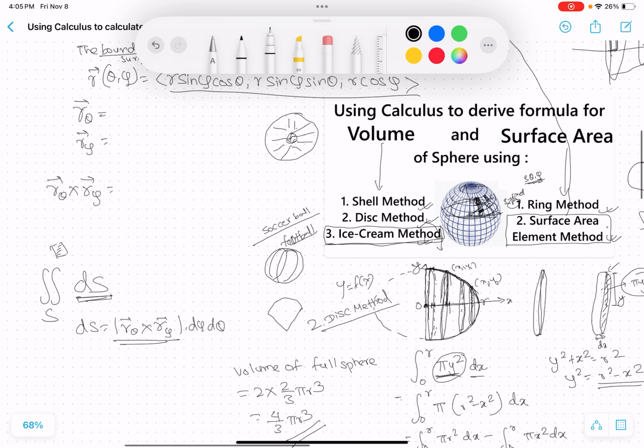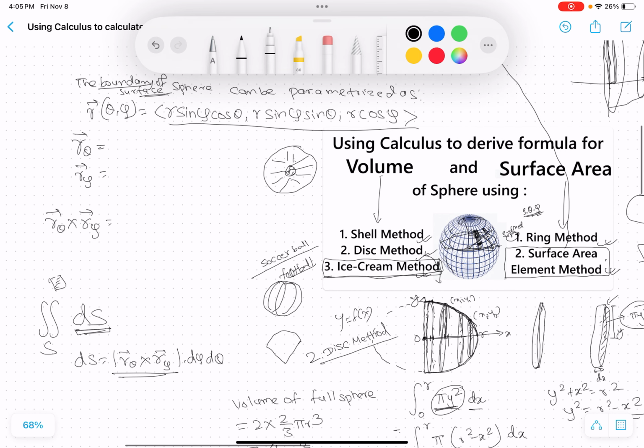Okay, now this is just minus r sine phi sine theta, and this is just r sine phi cos theta. This is minus r sine phi, and this is again... I'm doing right, yeah.